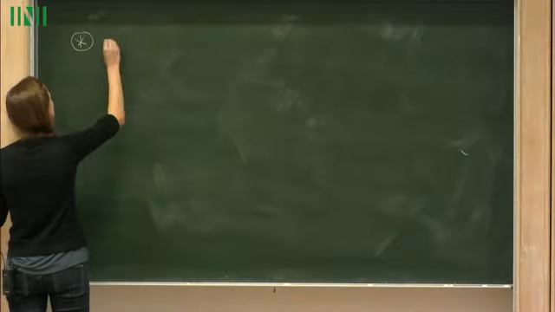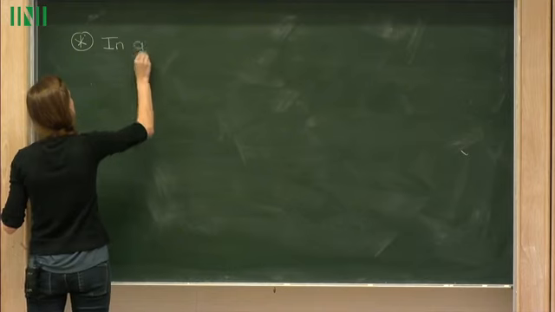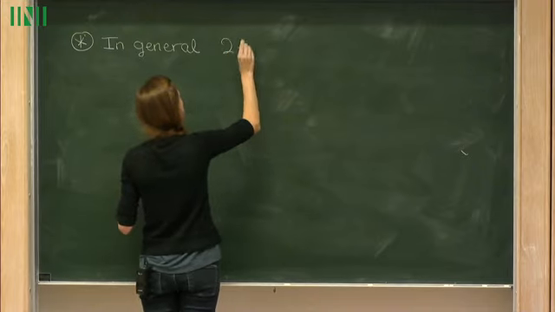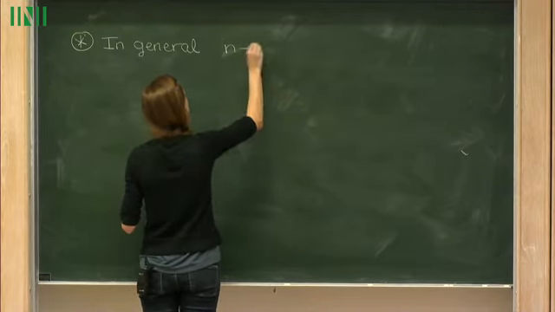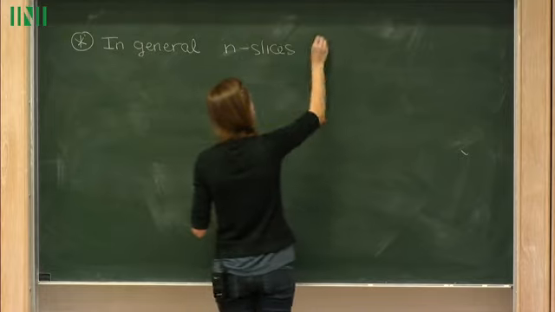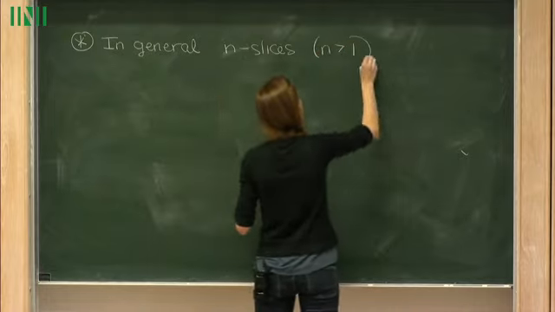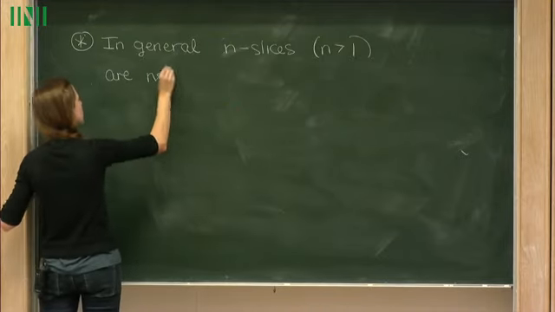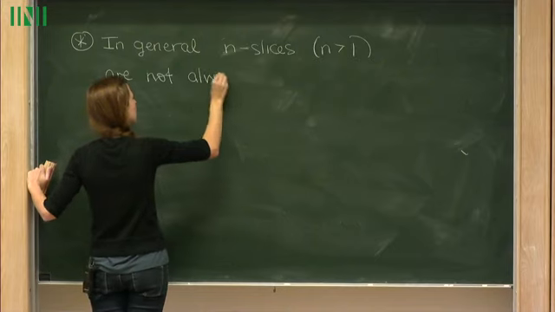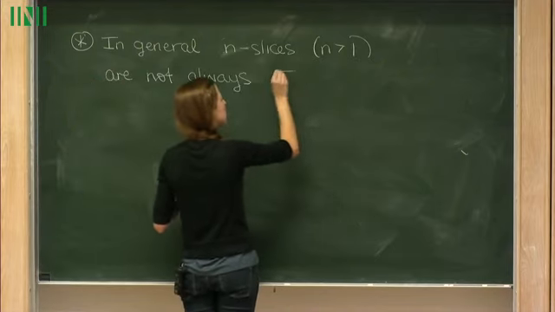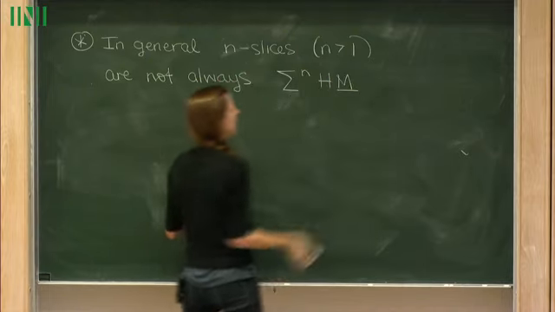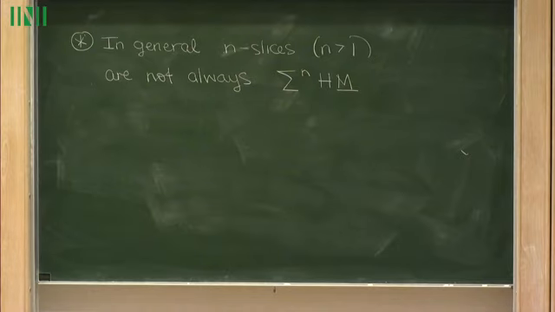So in general, let's say n slices for n bigger than 1 are not of the form sigma n HM for some Mackey functor M. There are some that are, but certainly not all.